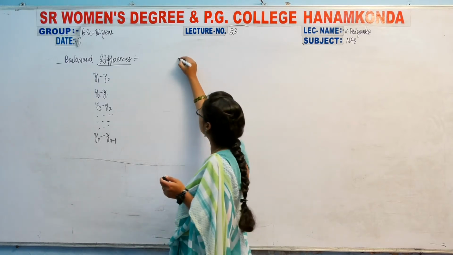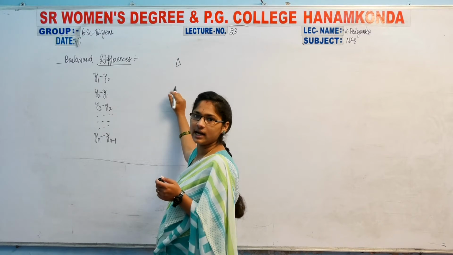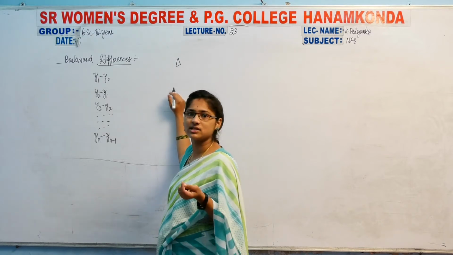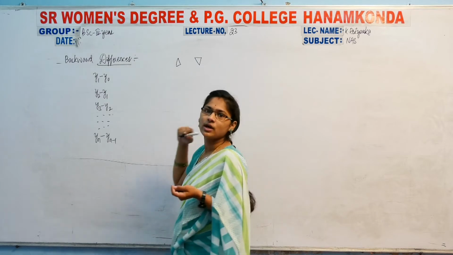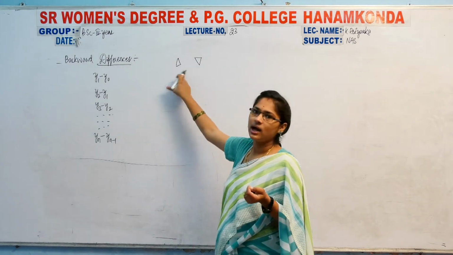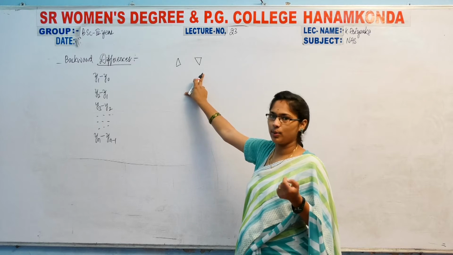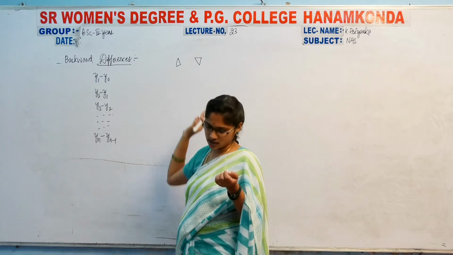Actually we denote the forward difference with a delta, so here we have to take the reverse. Reverse means simply like this: del, and it is nothing but the backward operator. We don't have any other name for this one, just backward operator.